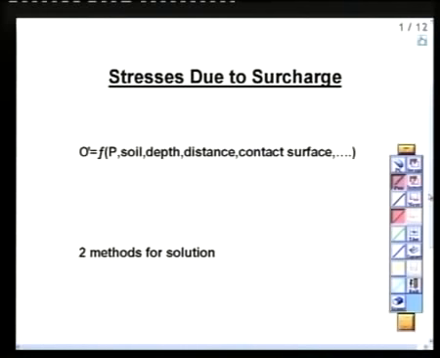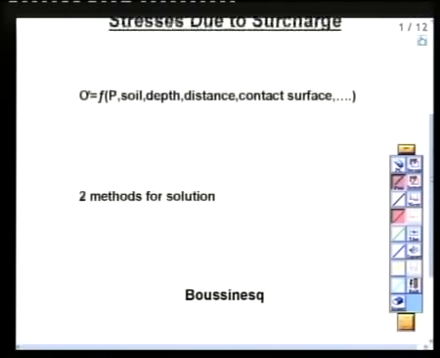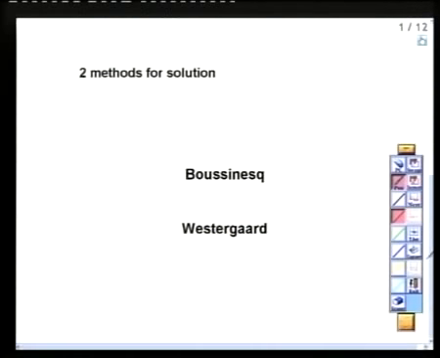Now we said that two people tried to solve this problem, trying to eliminate as many of these unknowns as they can. These two people are Boussinesq and Westergaard. We have the solutions of Boussinesq and Westergaard in your textbook for every condition. But we will deal with Boussinesq.